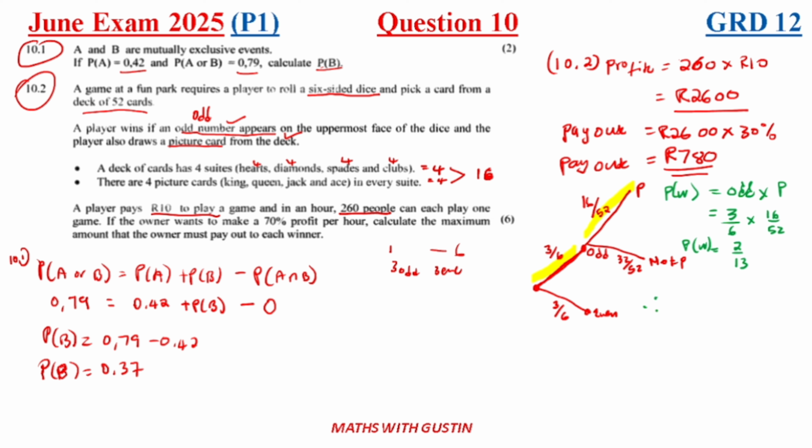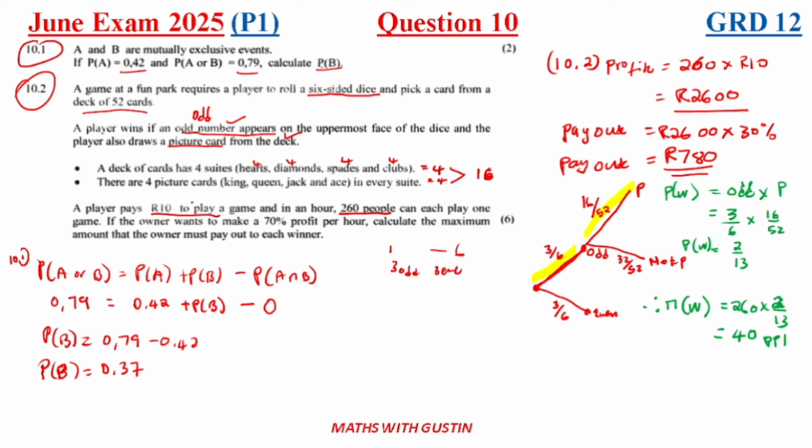Therefore, the total number of people who win. The number of winners is going to be, from the total of 260, only 2/13 people win. So therefore, this gives me 40 people.